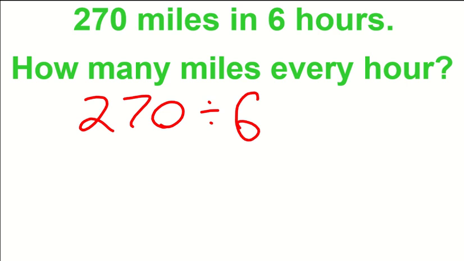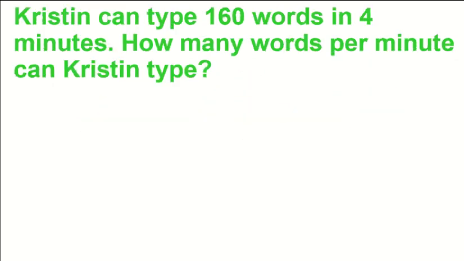We divide by 6. 270 divided by 6, like you said, is 45 miles every hour. All right? This is all unit rate really is dividing. You just have to make sure you're dividing correctly. Sometimes they add a little more words to the problem, but it's the same type idea.